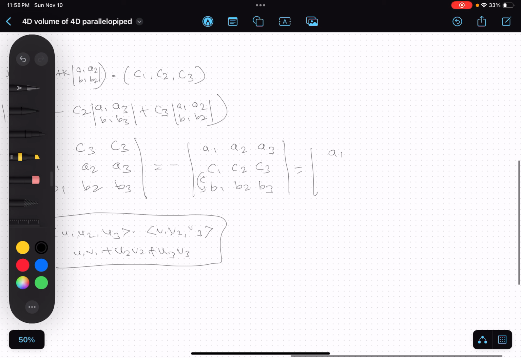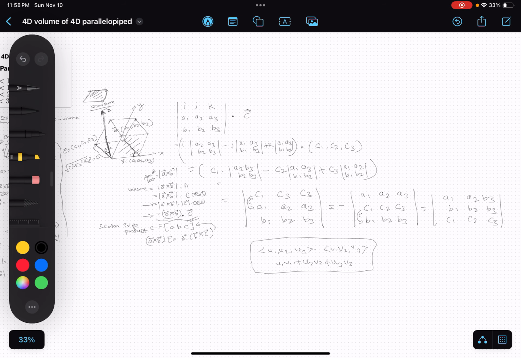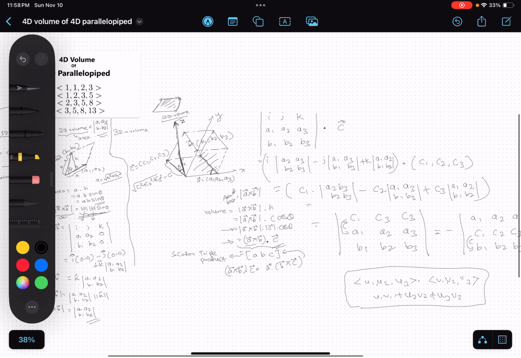So this will be equal to the determinant with rows a1 a2 a3, b1 b2 b3, c1 c2 c3. So you saw that even in 3 dimensions, the volume is just the determinant, right? So even in 3 dimensions, the volume of the parallelepiped is just given by the determinant a1, a2, a3, b1, b2, b3, c1, c2, c3, right?